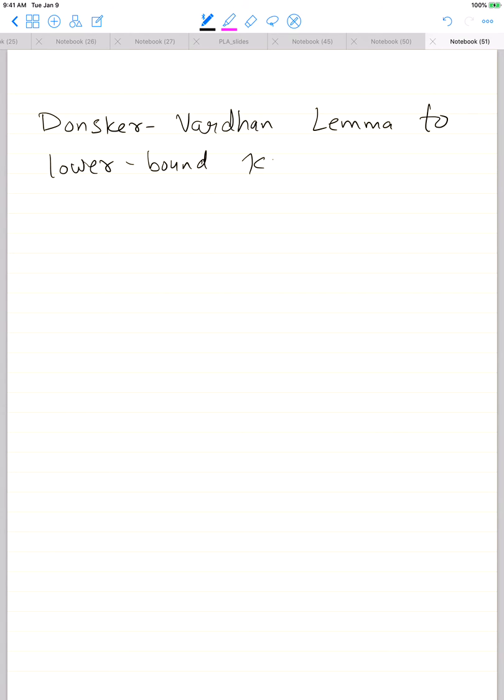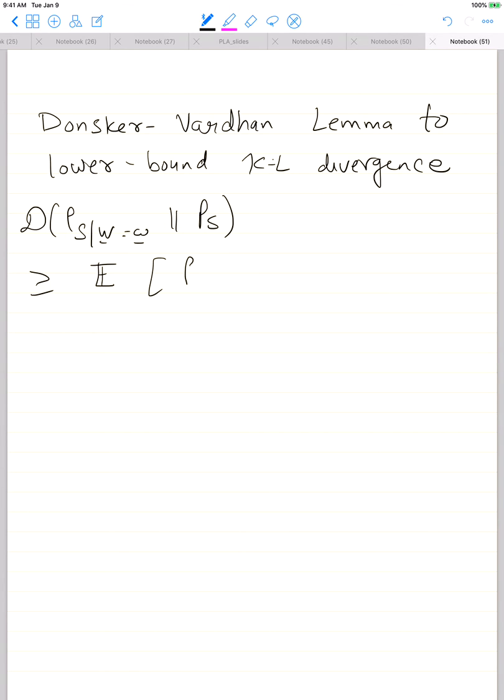So we apply the Donsker-Varadhan lemma. This we know is greater than the expected value of the function f, with respect to P of S given W equals w, which is my P distribution, minus log of the expected value over PS of e to the f of S. The random variable for which the relative entropy is computed is S. W is fixed throughout, so I'm not going to parameterize with respect to w, but the understanding is that everything can depend on w.